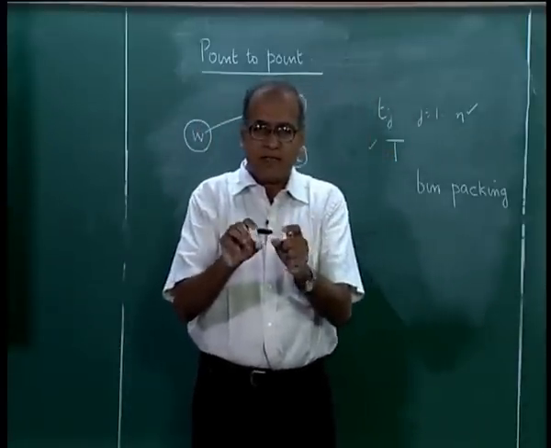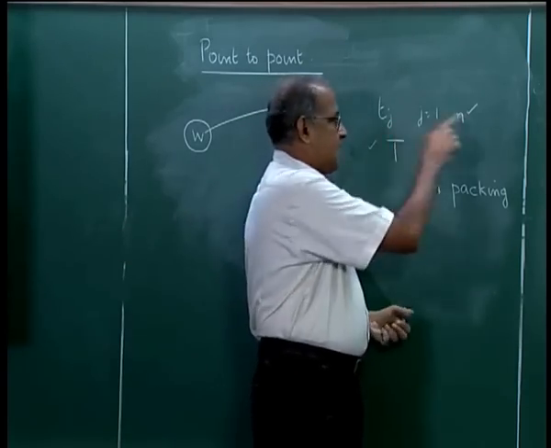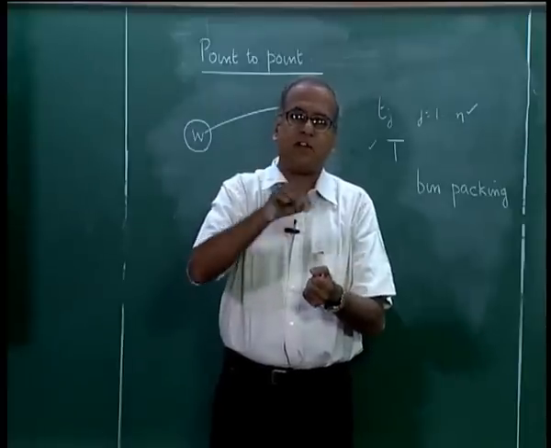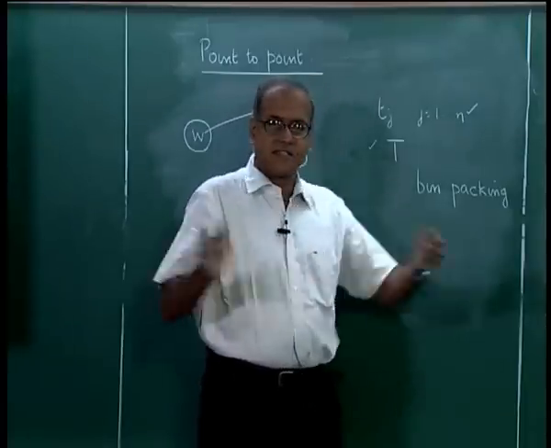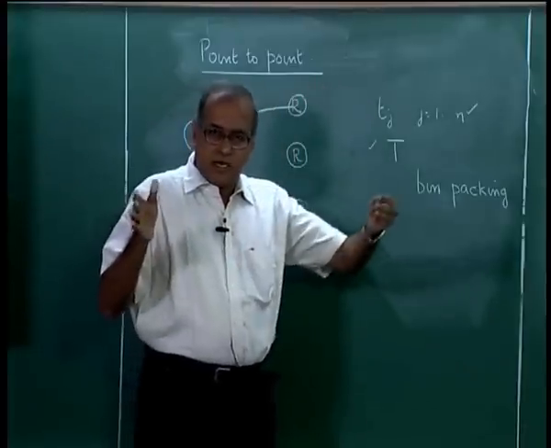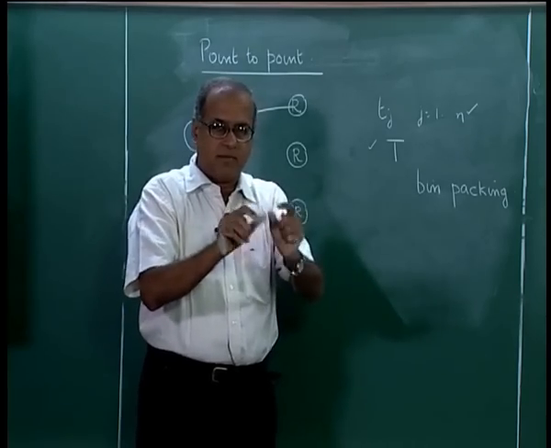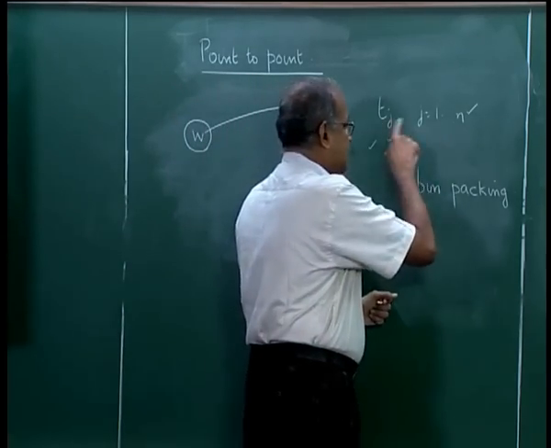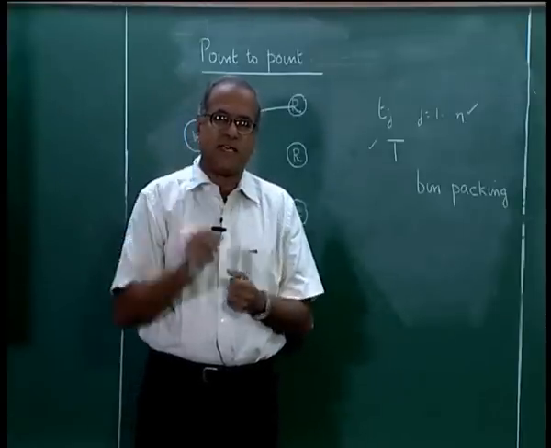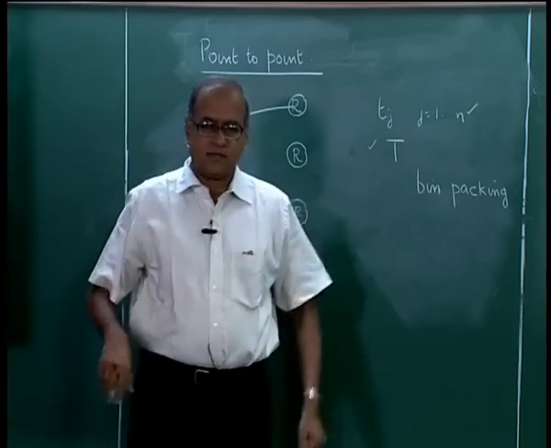How do I break these longer sticks to get these lengths, and I have to use the smallest number of such long sticks with length T. What is the minimum number of the longer sticks with length T that I require, through which I can break them and get these n lengths, where the jth smaller stick has a length tj. That is another way of looking at this.